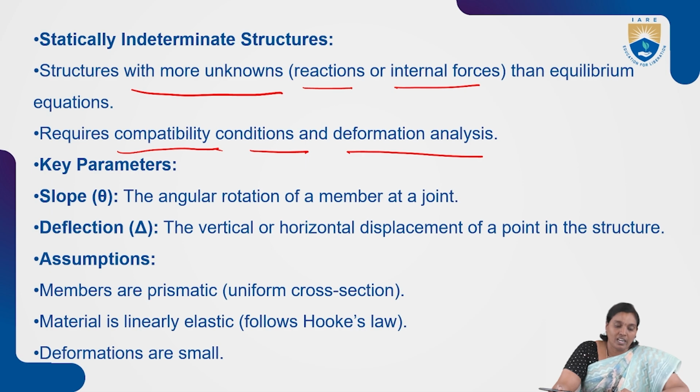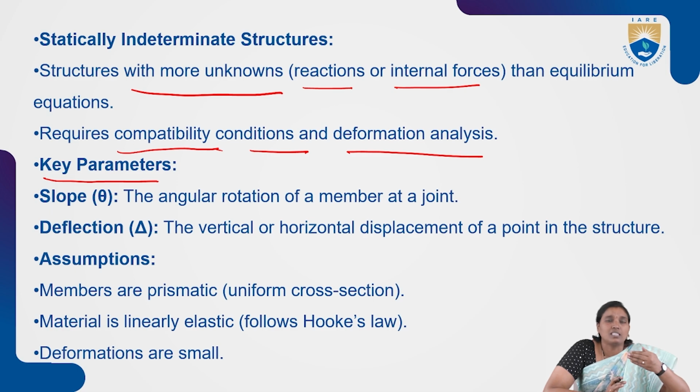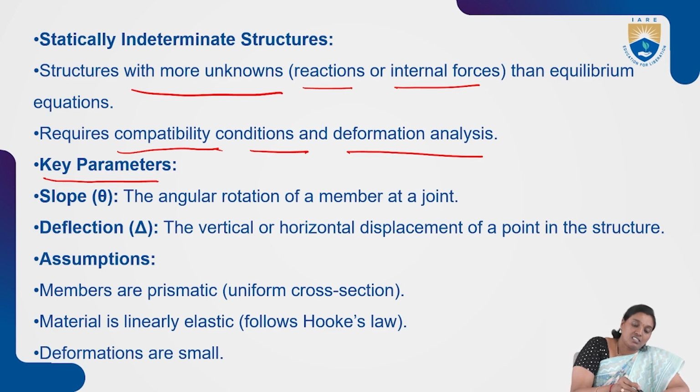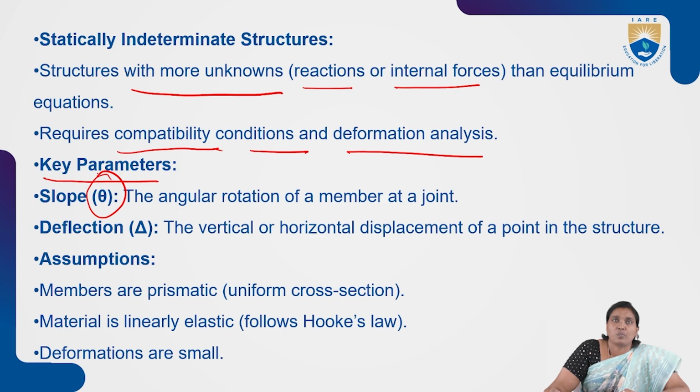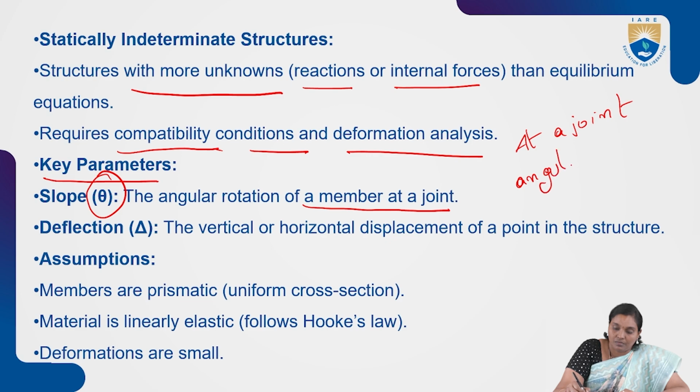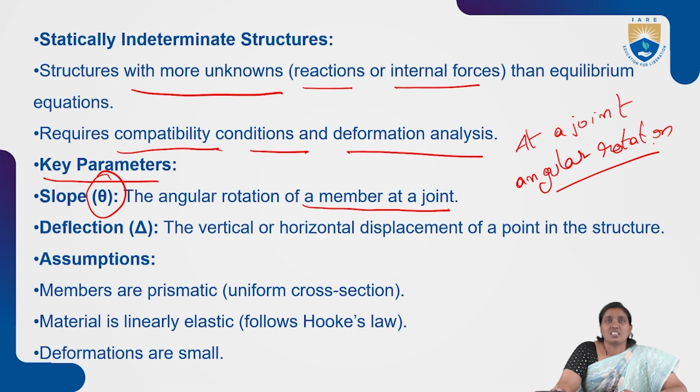We need some key parameters for better understanding and analyzing the structure. Here the slope, theta, and deflection are there. The slope is denoted with theta, and it is the angular rotation of a member at a joint. Deflection is the vertical or horizontal displacement of a point in that particular structure.